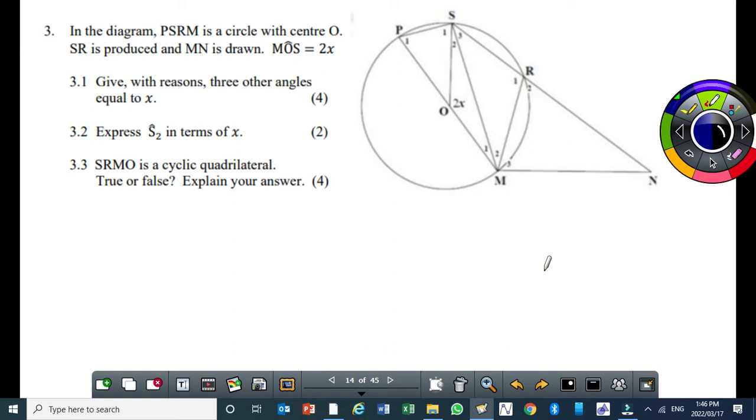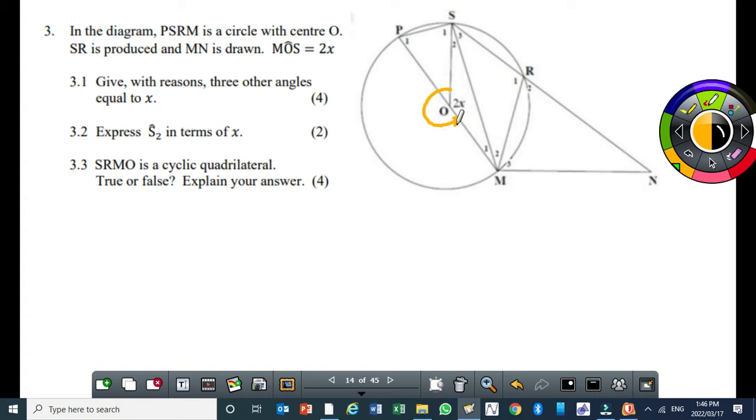It's important for you to know that this whole angle here, that reflects there, is going to be 360 minus 2x. Therefore, angle R1 is going to be half of 360 minus 2x, which is 180 minus x.